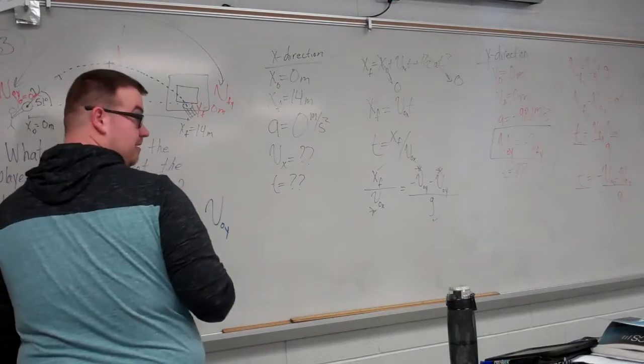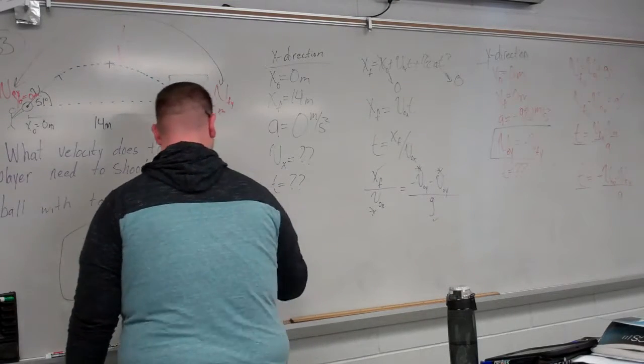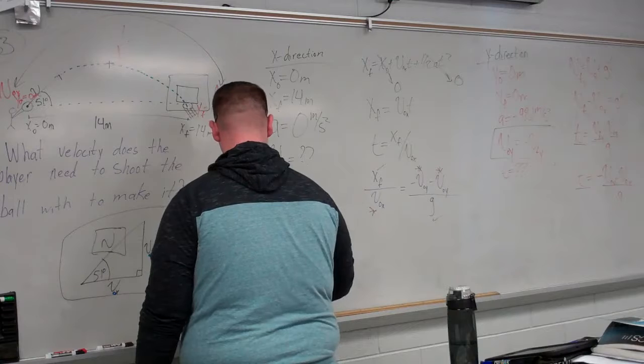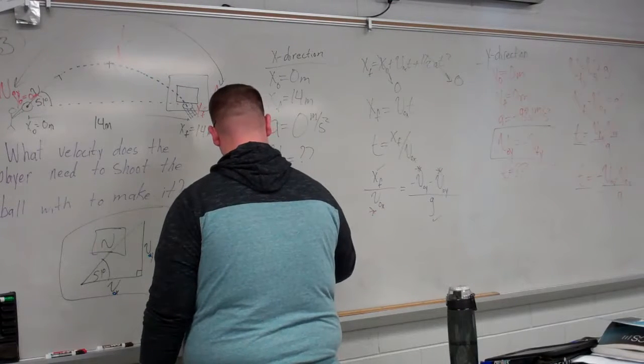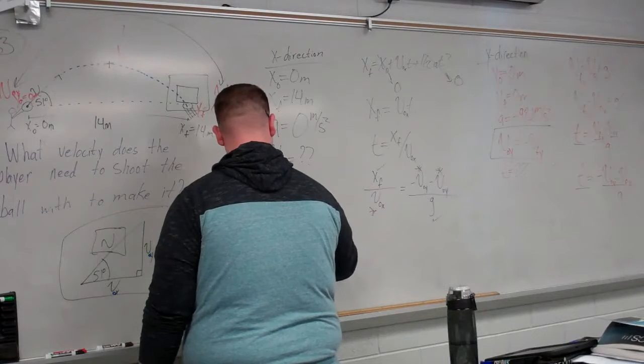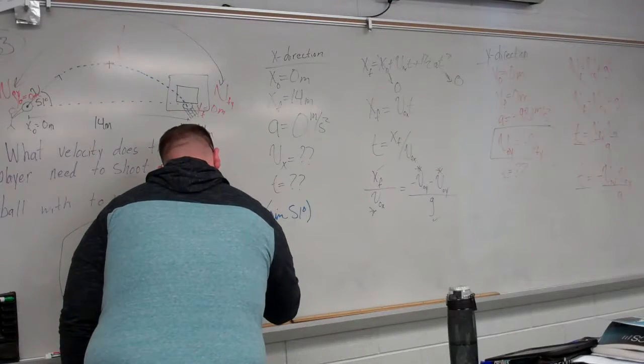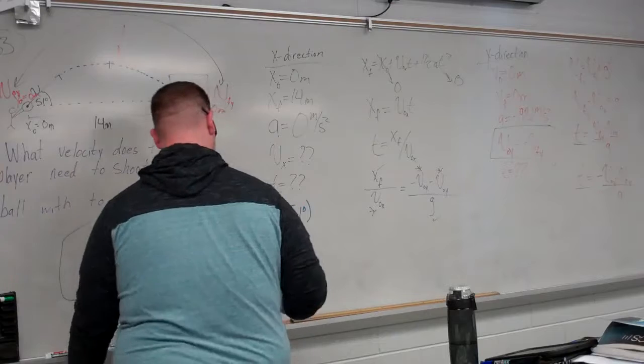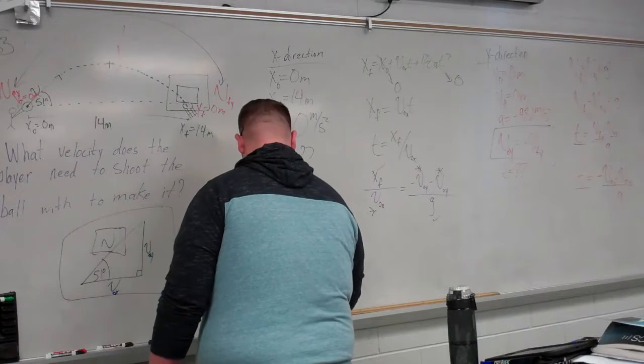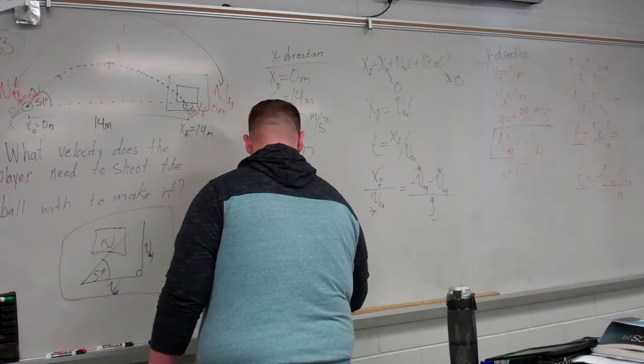The initial velocity in the y direction is equal to the velocity times the sine of 51 degrees. And the initial velocity in the x direction is equal to velocity times the cosine of 51 degrees.